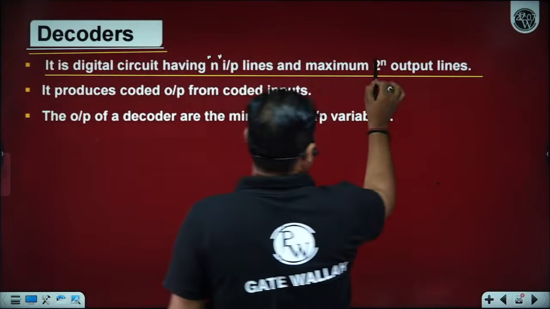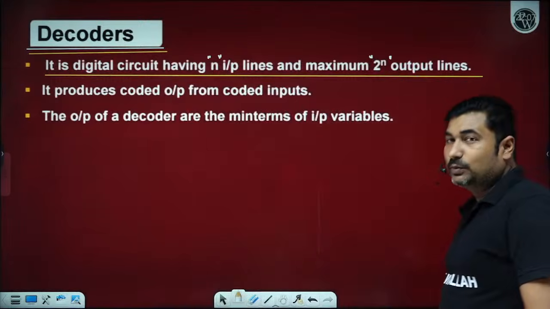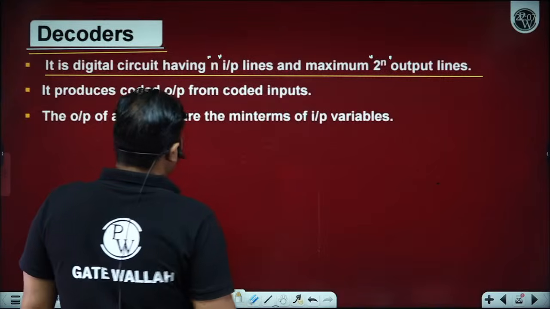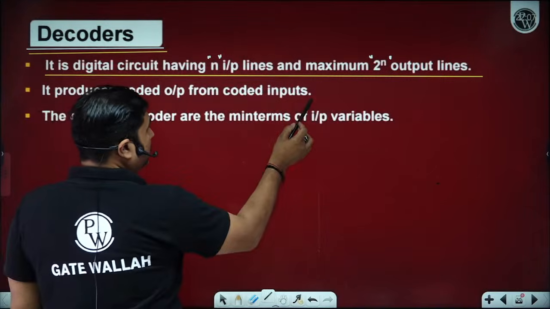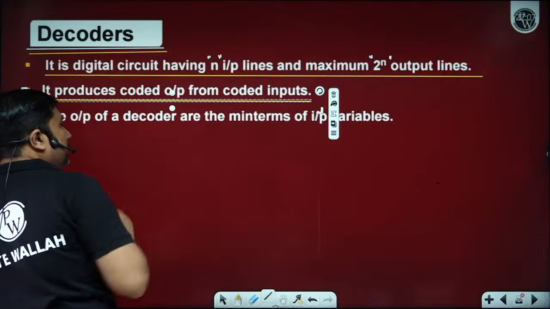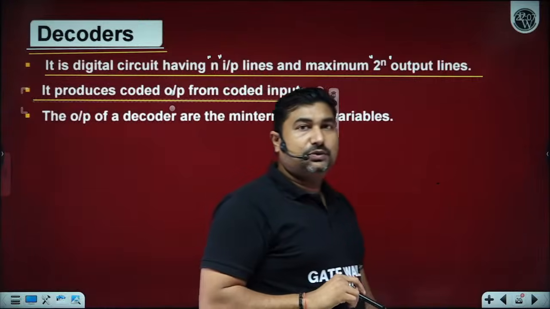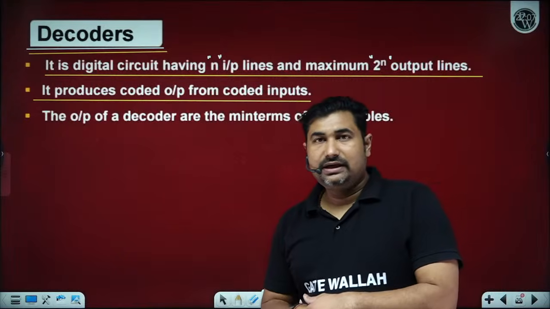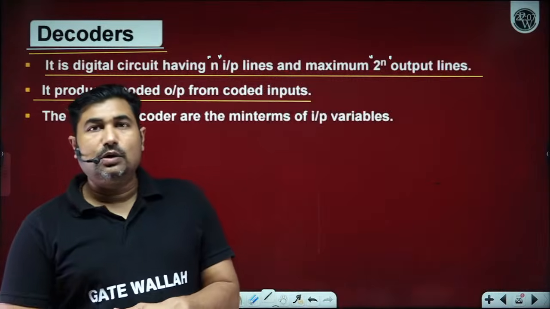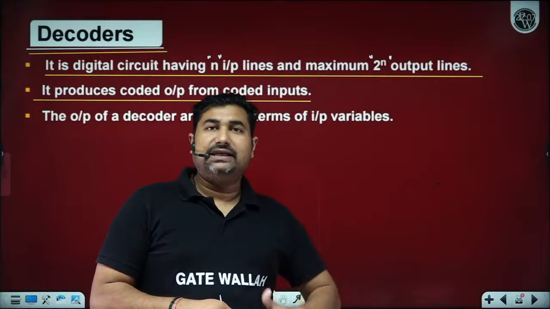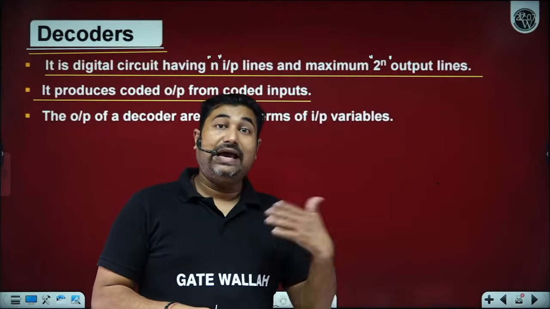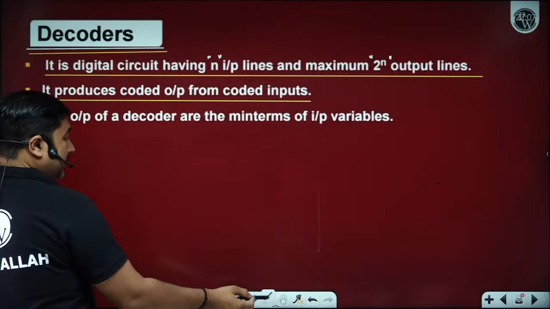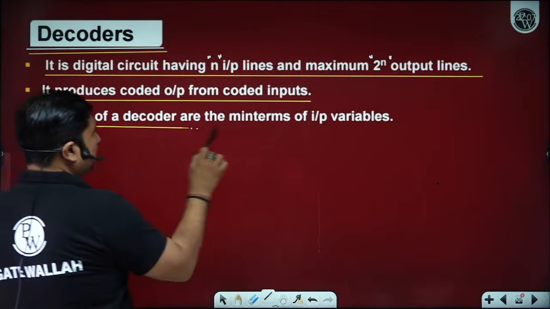It produces coded output from the coded input, mostly used for code conversion, such as binary to octal, binary to hexa, binary to decimal, BCD to decimal, and so on.